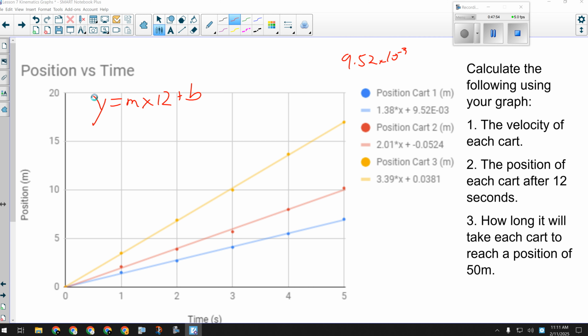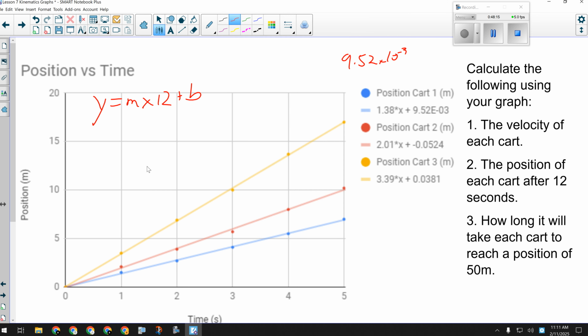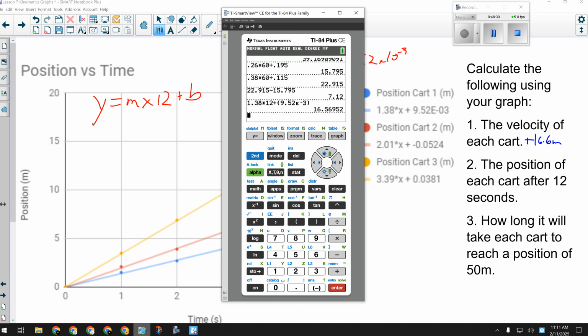So for the blue cart, that's going to be 1.38 times 12 plus 9.52 e negative 3. Okay, I'm just putting it in scientific notation in the calculator. All right, so we're looking at 16.6 meters, okay, positive 16.6. So for the blue one, positive 16.6 meters. Okay, for the red one, same calculation, 2.01 times 12 seconds plus negative 0.0524.